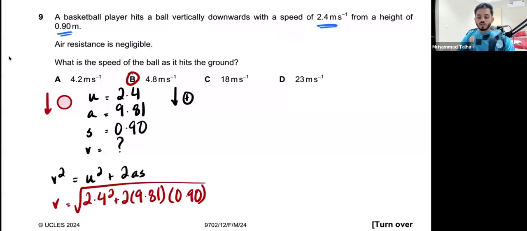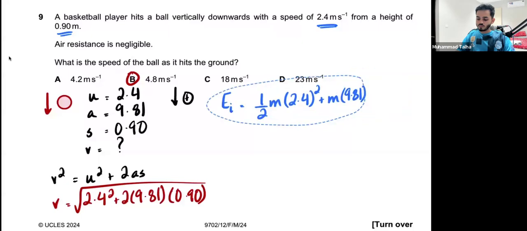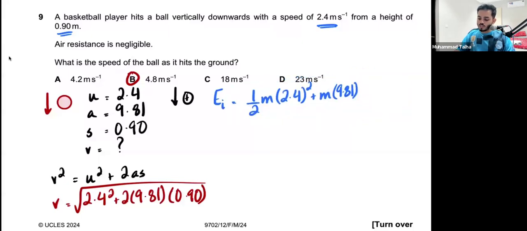There's another method, and that's also going to lead to the same answer, which is using energy conservation. Initially, it has kinetic energy and potential energy as well. So the energy initially is half mv squared, and m is not given, but it won't really even be needed, plus mgh, so m times 9.81 times h.